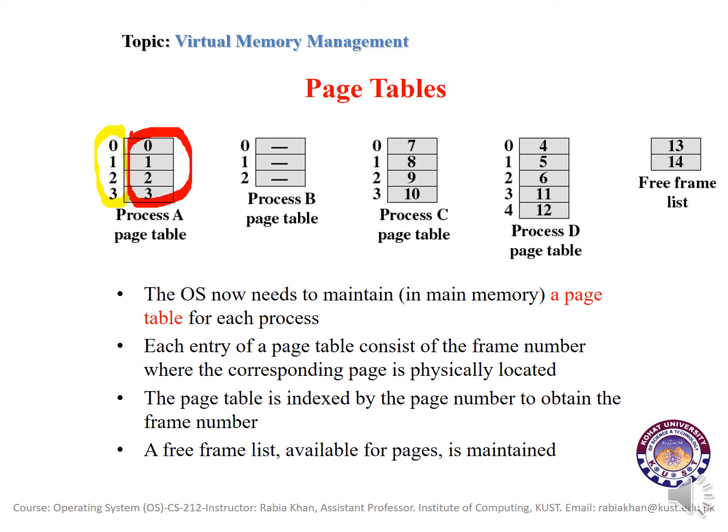Process B had 3 pages, but since the process as a whole had been swapped out, the corresponding frame numbers for its pages are empty, as you can see in the page table for process B. It was assigned 3 frames, but the pages have been swapped out.